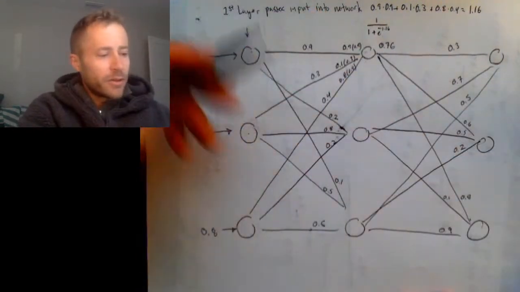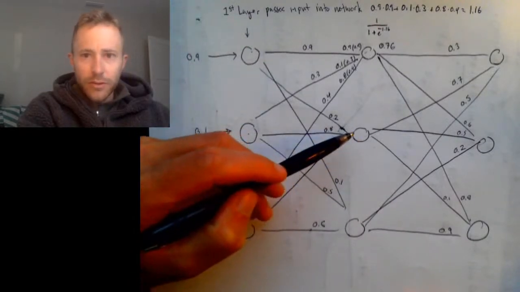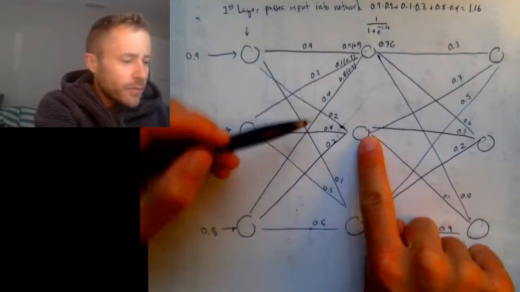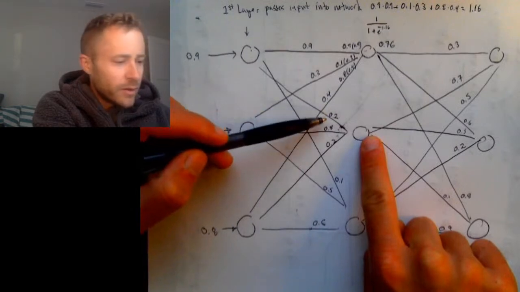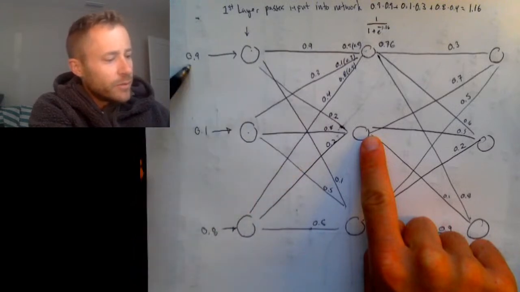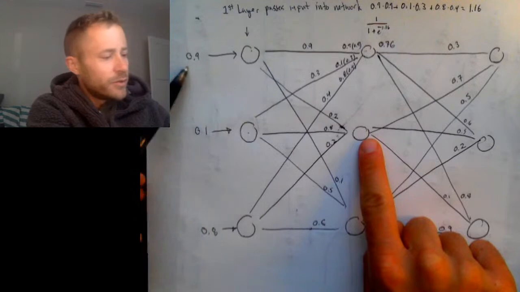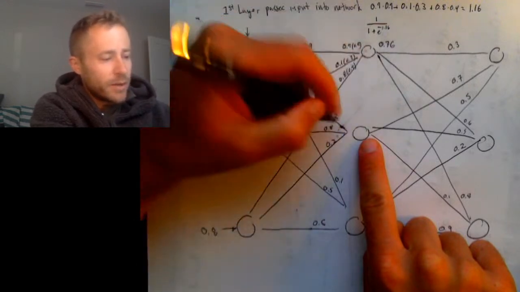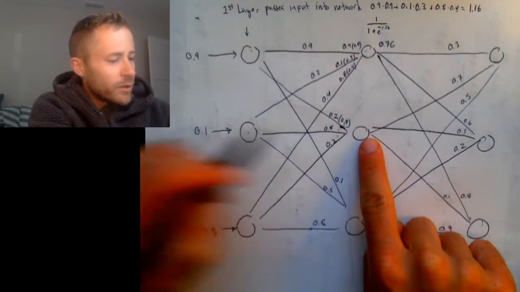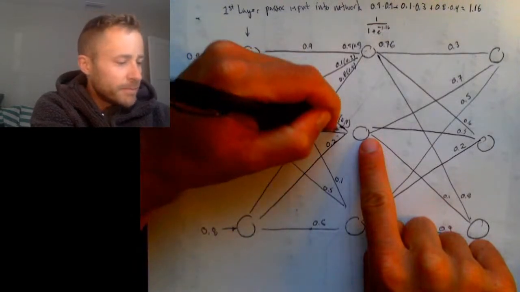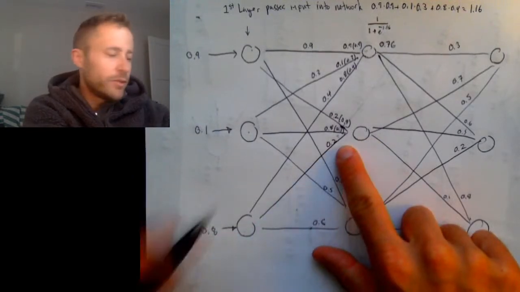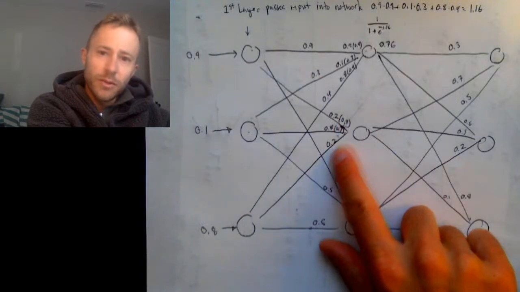So now I'm going to do the same thing for this neuron, and then for this neuron. This neuron has synaptic weights that are 0.2, 0.8, and 0.2. So the 0.9 is going to be multiplied by 0.2. Here, the 0.1 is going to be multiplied by 0.8. And here, this 0.8 input is going to be multiplied by 0.2, which is the synaptic weight for this link.